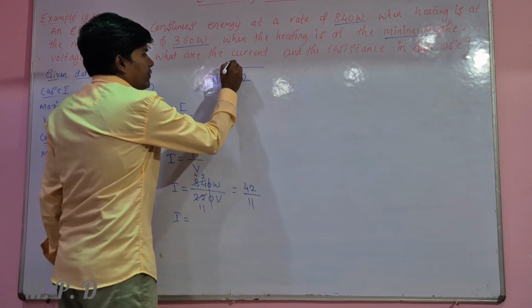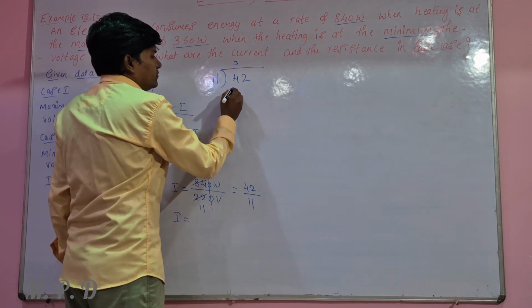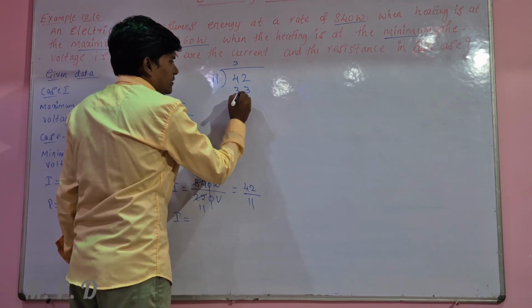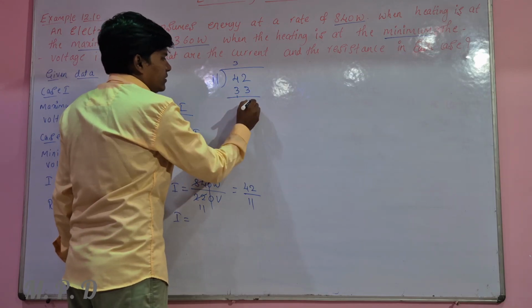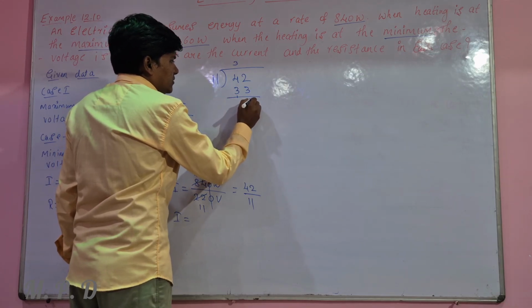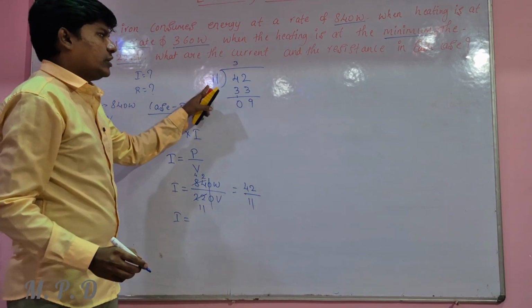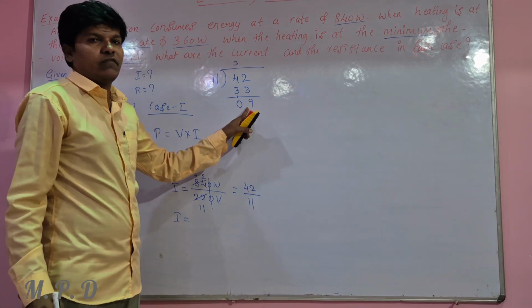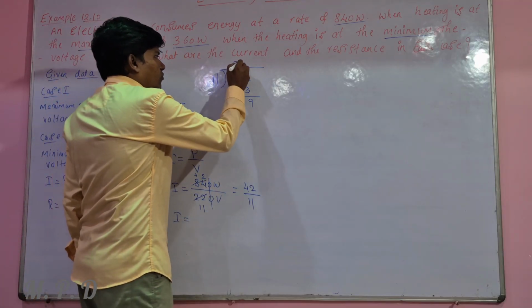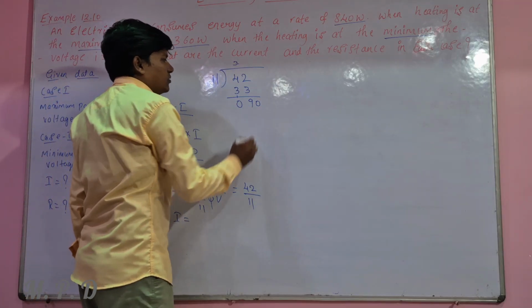See, 11 threes are 33. We subtract, and we get 9 and then 0. In the 11 table we don't have 9, so we add a decimal point and a 0 here.